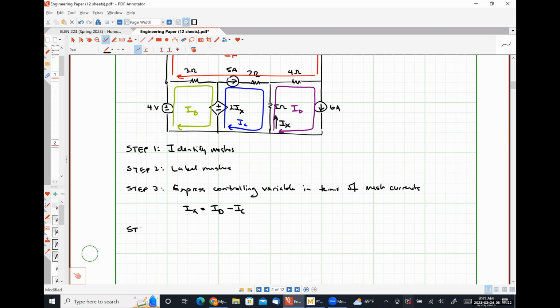Because we have current sources, we're going to need to write current relationship equations for all current sources.